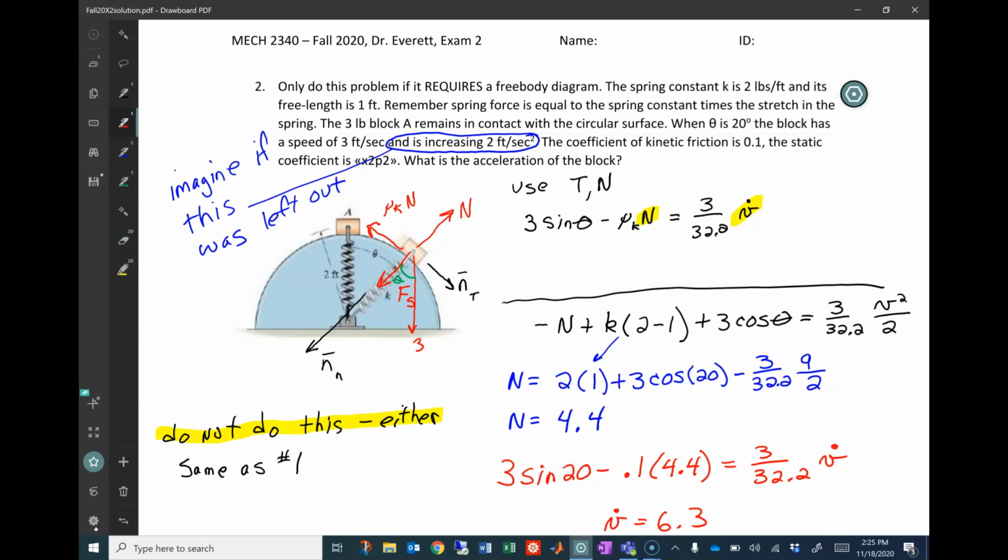So if you attempted either 1 or 2, I assumed that you freaked out and thought, I have to do 1 of them. So I went ahead and graded based on what you tried to do.